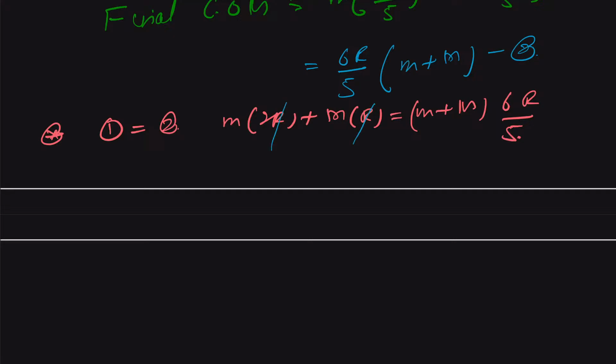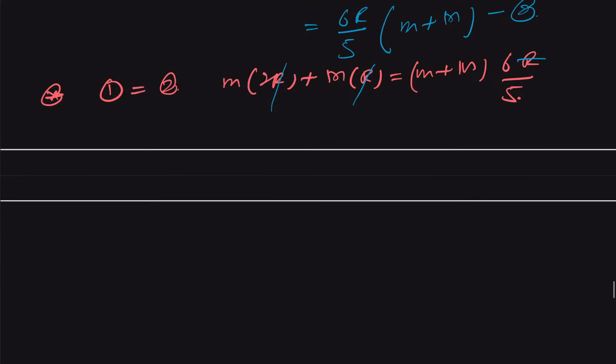And r we can just cancel out throughout, and we get 2m plus M is equal to 6 upon 5 times small m plus 6 upon 5 times capital M.